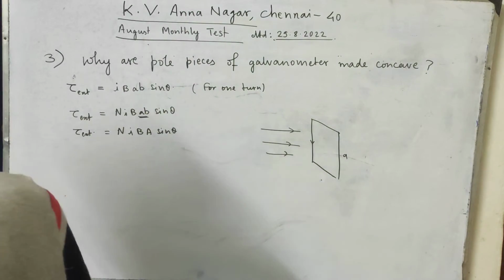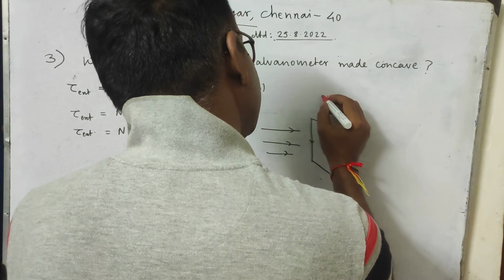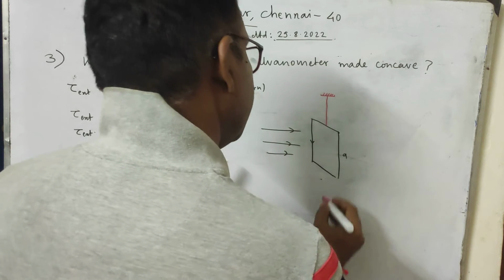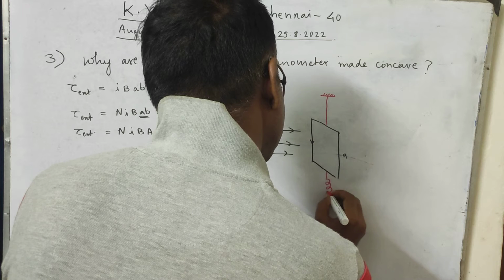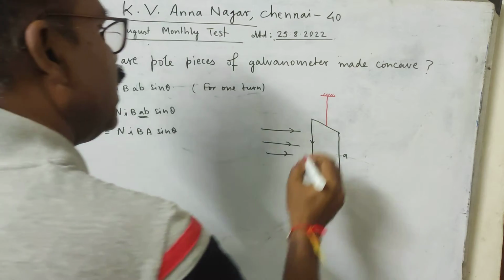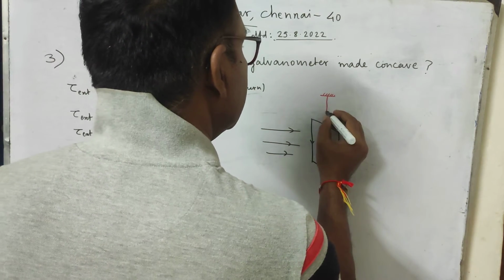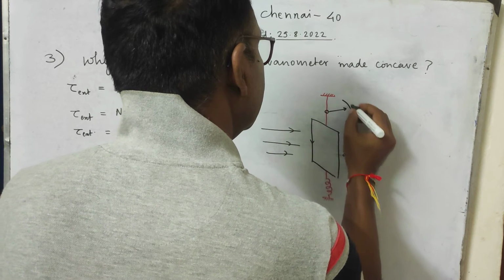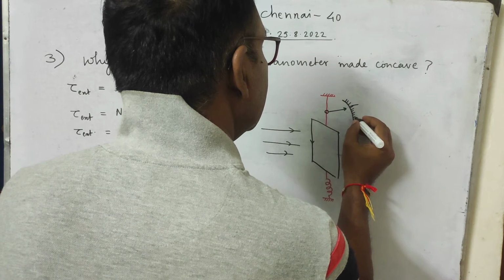This galvanometer coil is connected here by a very light wire, and at the bottom you have the spring, and here you have the scale, like this.